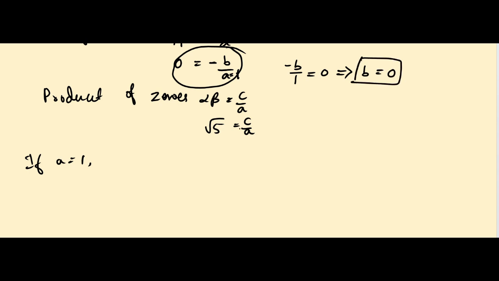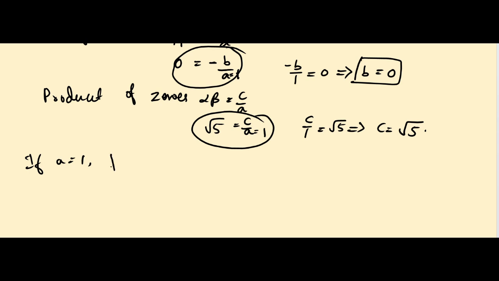We got b also. When we put a is equal to 1 here, then c by 1 is equal to root 5, which implies c is equal to root 5. When a becomes 1, then b becomes 0 and c is equal to root 5.